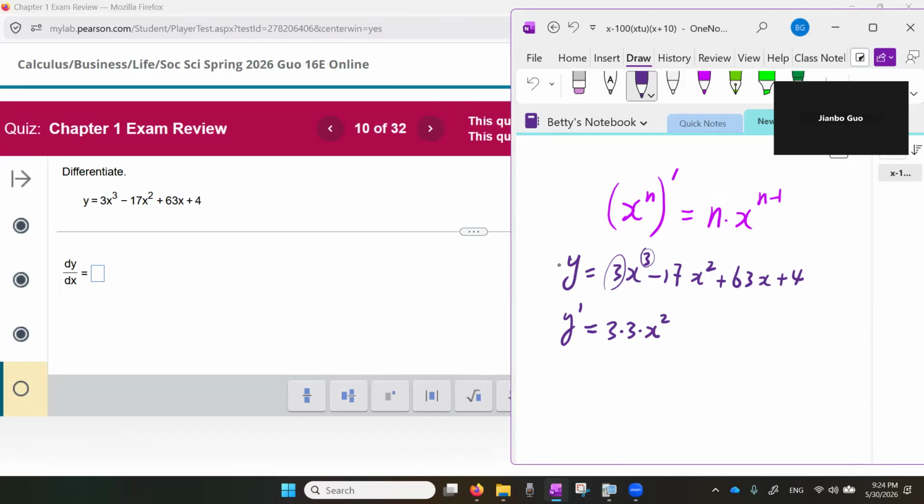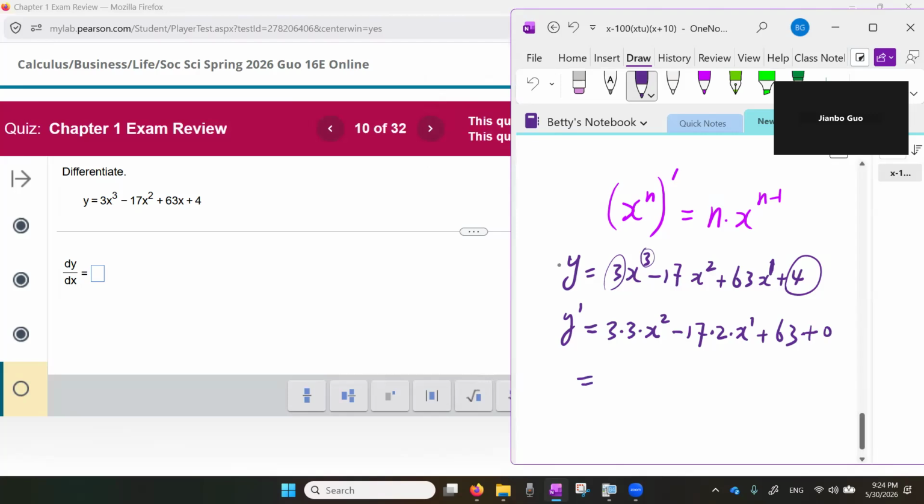Similarly, minus 17, the coefficient stays where it was, and x squared gives 2x, because 2 minus 1 is 1. And next, 63, all right? Since this degree is 1, and 1 minus 1 is 0, x to the power of 0 is 1, so you don't have the variable x. And the derivative of a constant is 0, right?